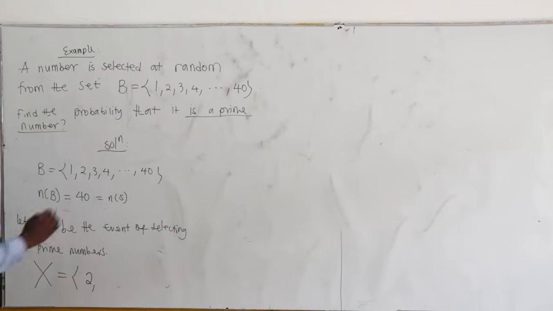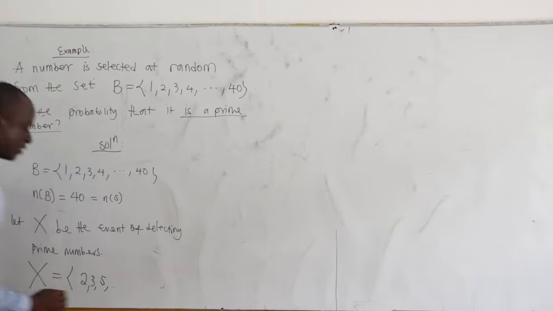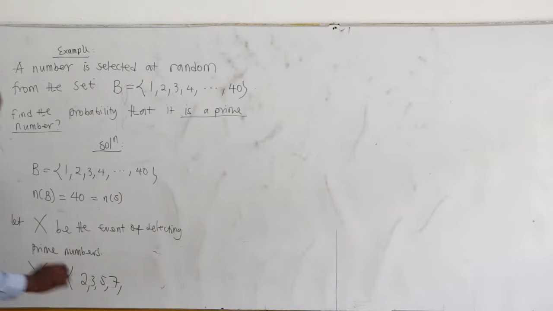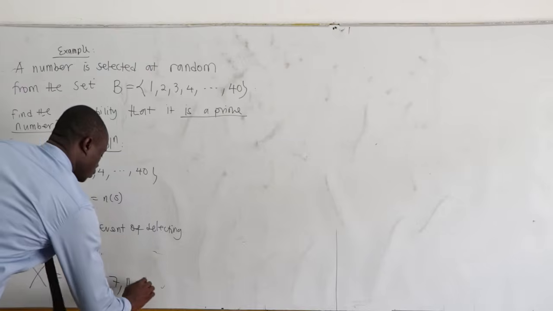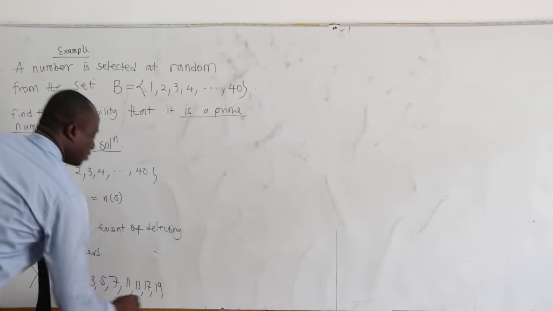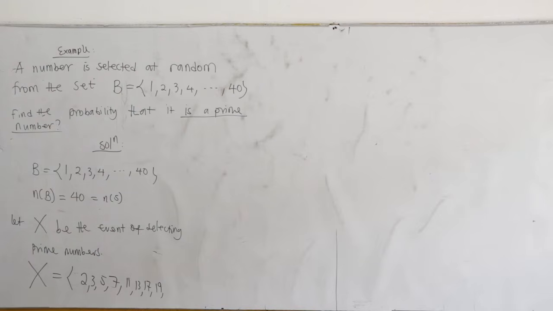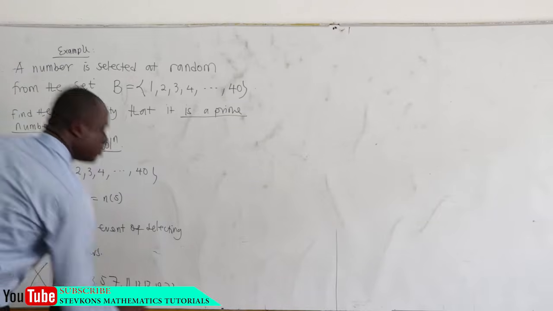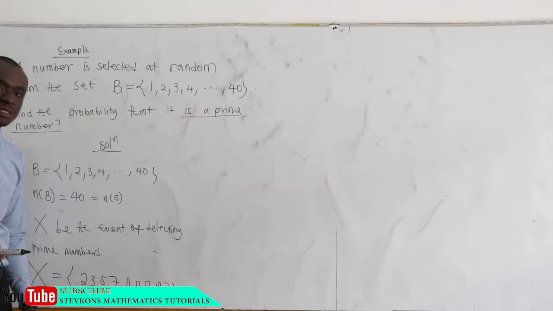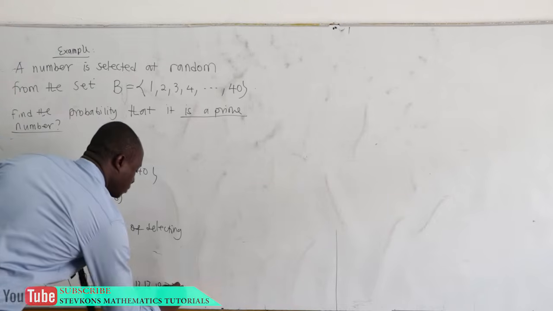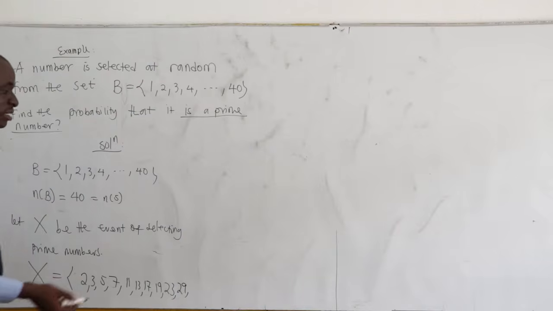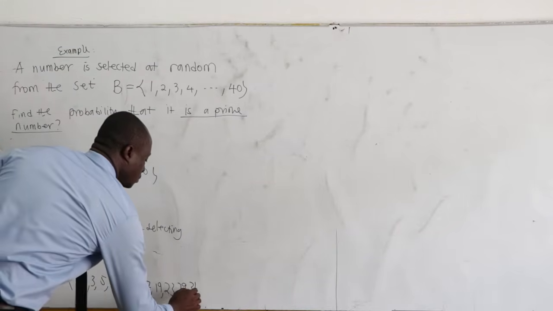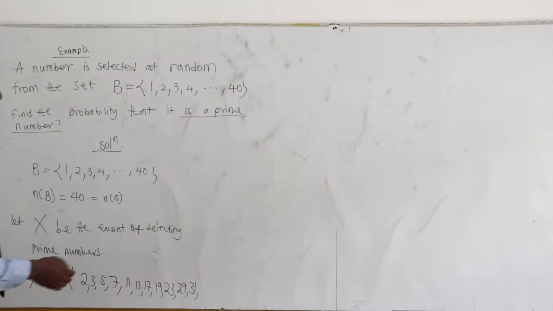The first prime number is 2. The next prime number is 3, followed by 5. 6 is not, 7 is. 8 is not, 9 is not, 10 is not, 11 is, 13 is, 14 is not, 15 is not, 16 is not, 17. 18 is not, but 19 is. 20, 21 is not, 22 is not, 23 is the next one. 24 is not, 25 is not, 26 is not, 27 is not, 28 is not, 29. 30 is not, 31. 32 is not, 33 is not, 34 is not, 35 is not, 36 is not, 37.